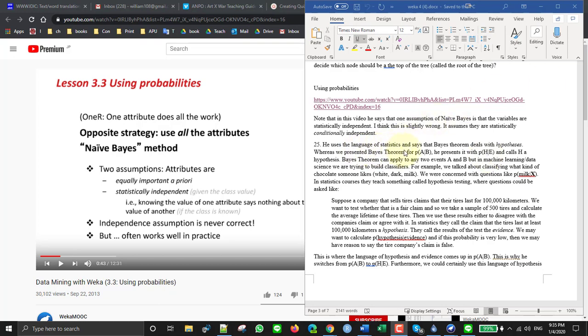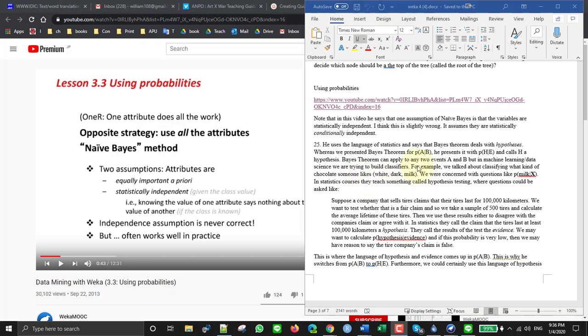So he uses the language of statistics and says that Bayes' theorem deals with hypotheses. Whereas we presented Bayes' theorem for the probability of A given B, he presents it with the probability of H given E, and he calls H a hypothesis. Bayes' theorem can apply to any two events, but in machine learning and data science, we're trying to build classifiers. For example, we talked about classifying what kind of chocolate someone likes: white, dark, or milk.